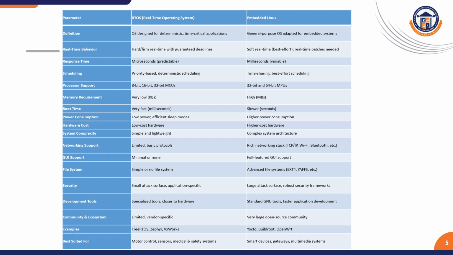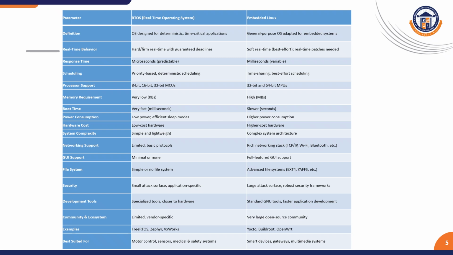Embedded Linux is slow, very slow; sometimes it takes several seconds to boot. Power consumption: a real-time operating system consumes low power and is efficient in sleep mode, but embedded Linux has high power consumption.